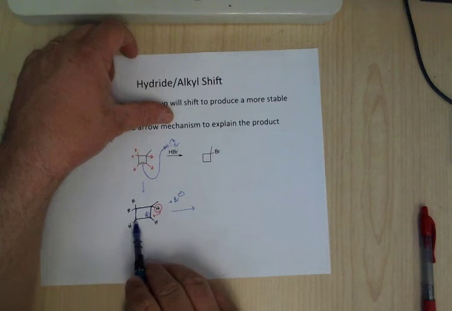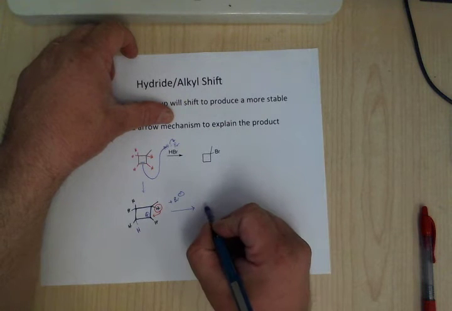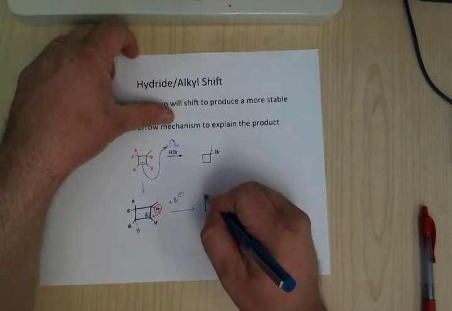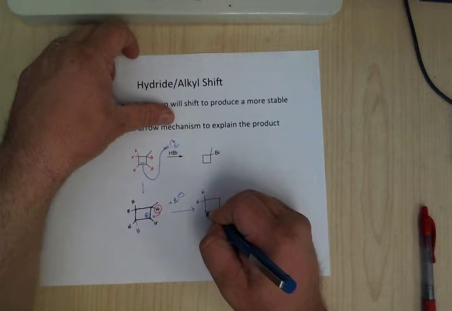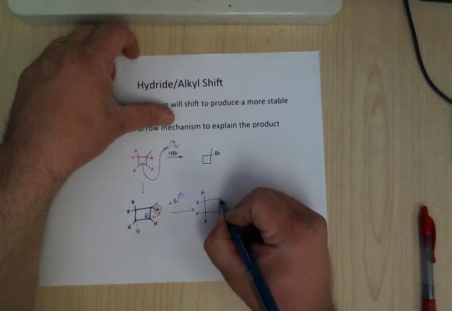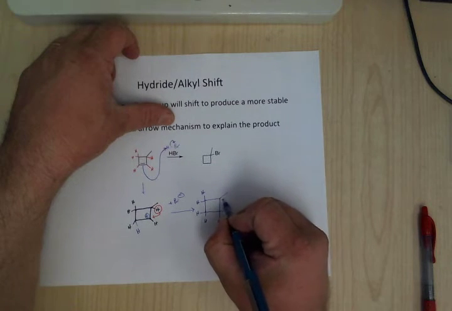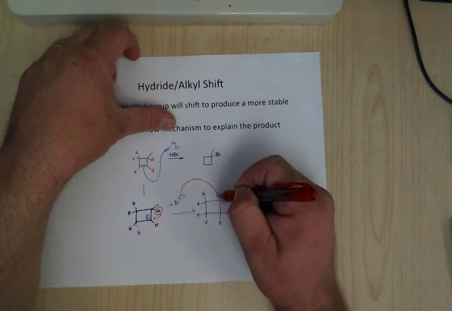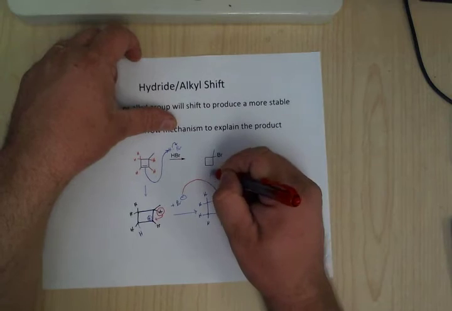If the positive charge is there, this is going to be too far to move. Because you end up with this, and then this is where the bromine attacks to give that.